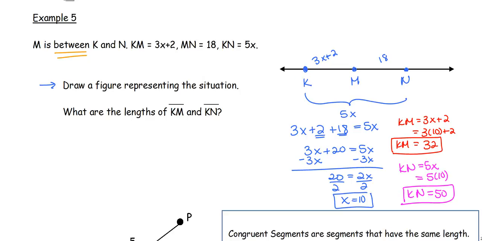But I want to make sure that we understand if you got the setup, if you got the diagram, that means that you understand the geometry part of it. If you were not able to solve for x and you were not able to plug back in for KM and KN, that's the algebra part.